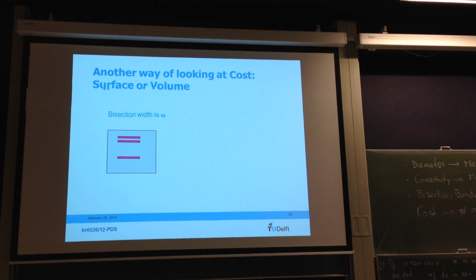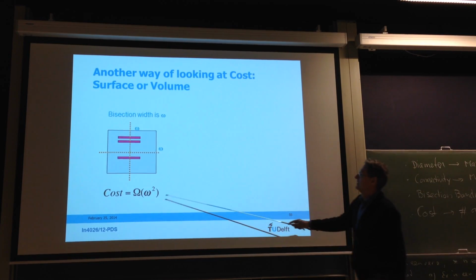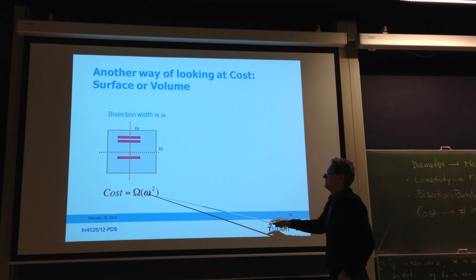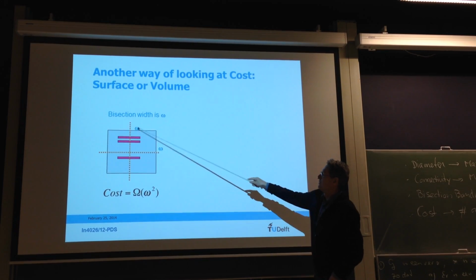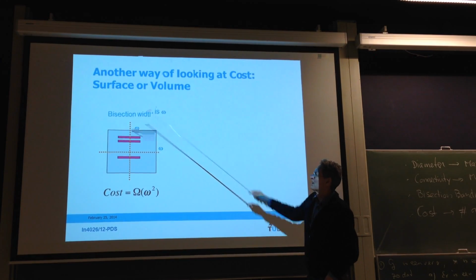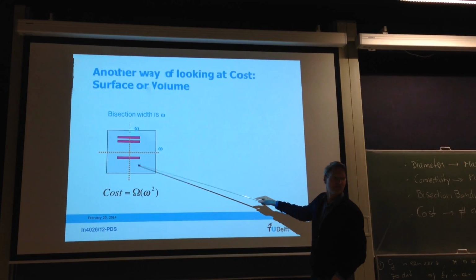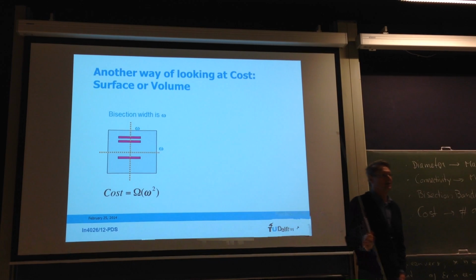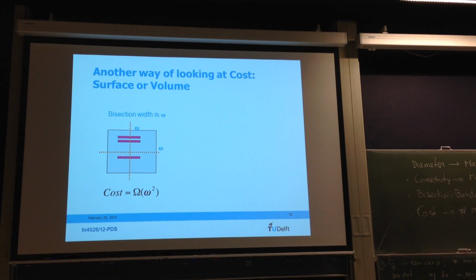Then I could say that the cost is lower bounded by omega squared, right? So omega is then here the minimal dimension. This might be a little bit larger or the same, and then this kind of argument is equally valid as a kind of cost function.